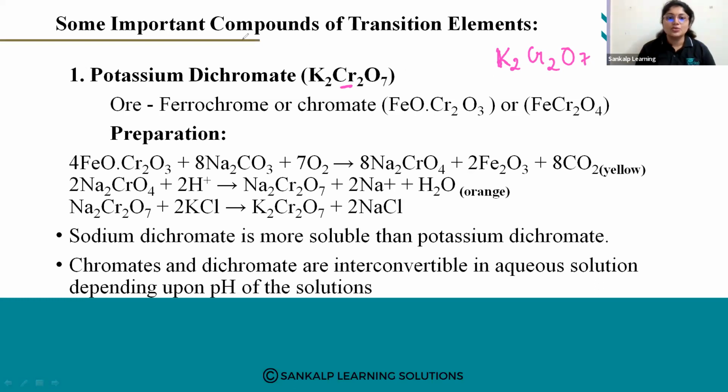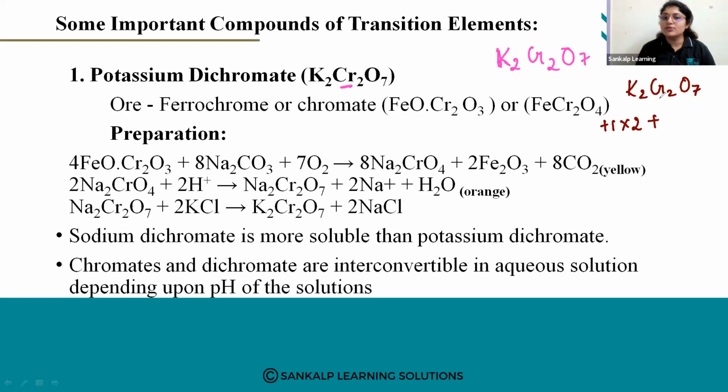Here we have K2Cr2O7. K2, that is potassium, +1, so I'll take +1 into 2. I'll put it in brackets, otherwise it will be confusing.